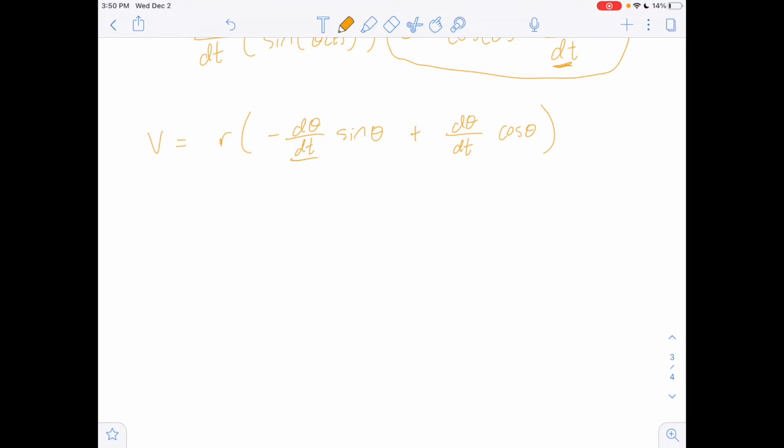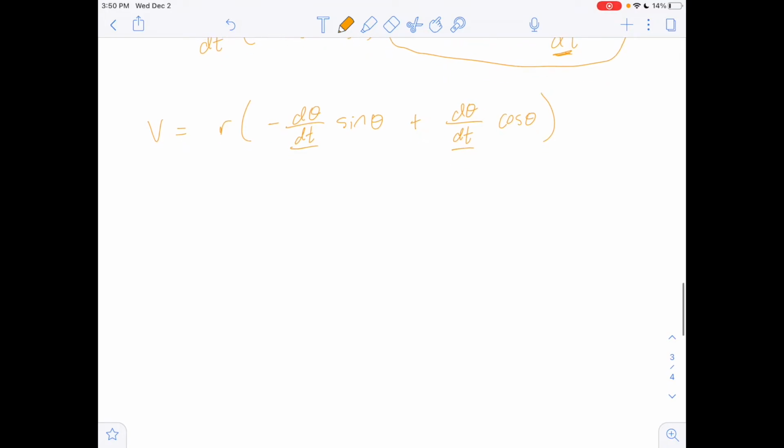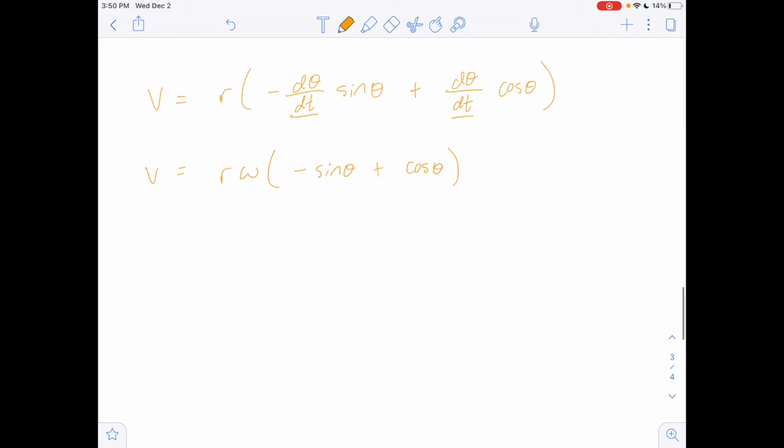And I'm also going to factor that out of this equation here. So we're going to write this as r, and I'm going to factor out the d theta dt, which is equal to omega. So we have r times omega times negative sine theta plus cosine of theta. And that is our velocity equation.